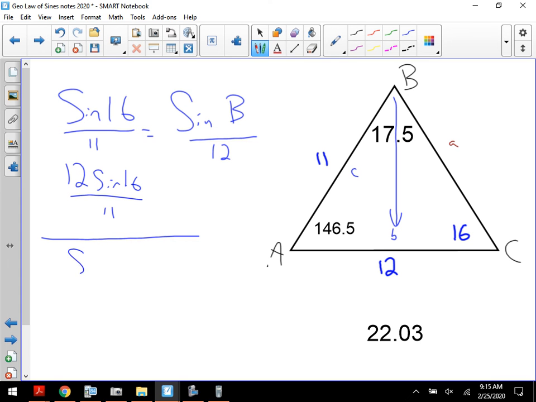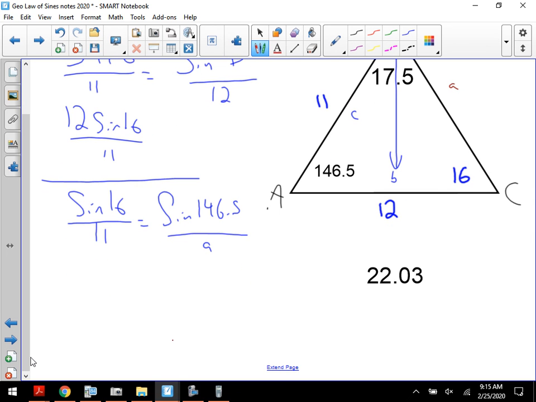And then I reused that one again. I did the sine of 16 is to 11 as the sine of 146.5 is to little a. So this would have been 11 sine 146.5 over sine 16.